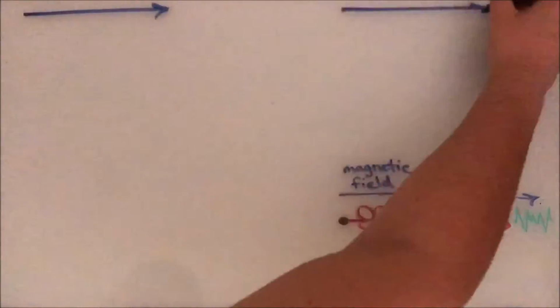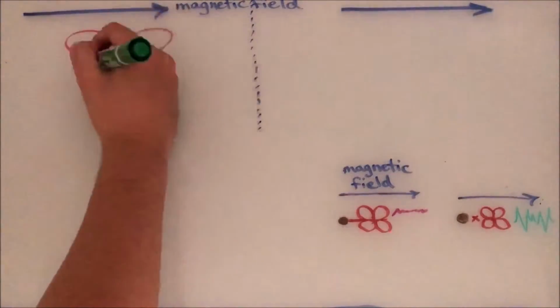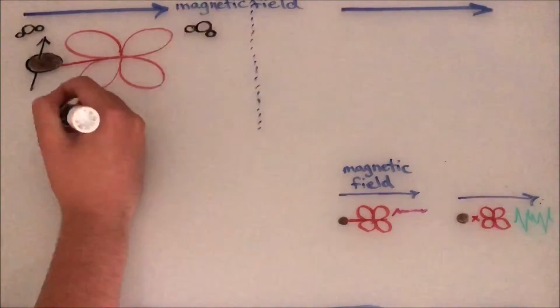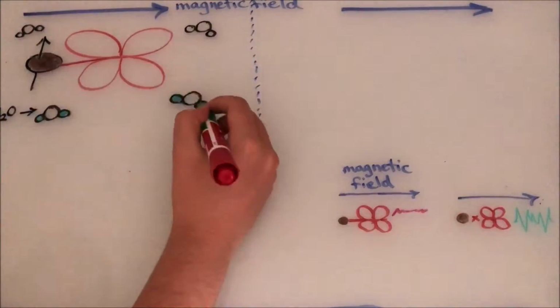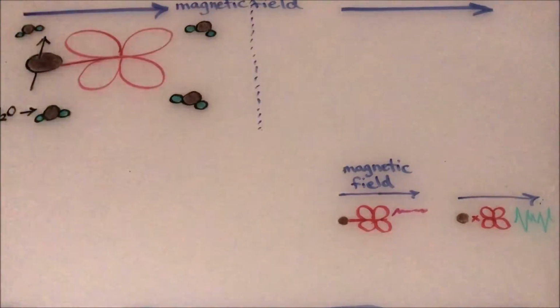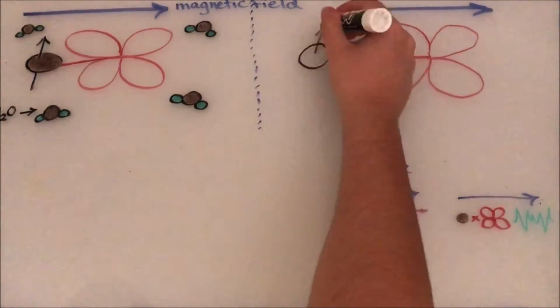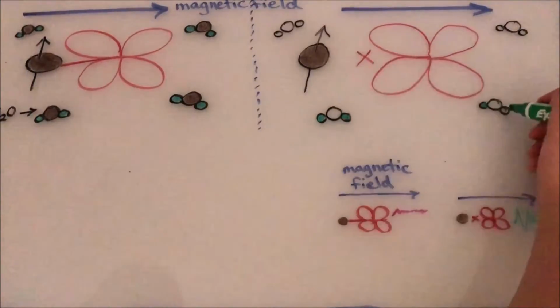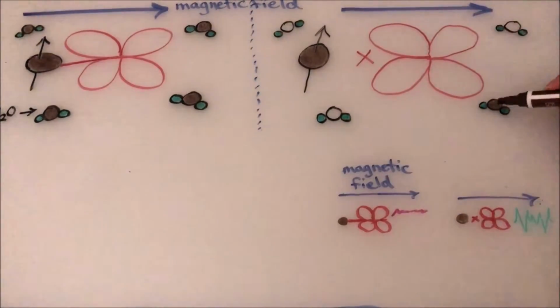Now, fMRI measures how the water molecules react to oxy and deoxyhemoglobin. The next video will cover this in depth, but for now, just know that deoxyhemoglobin gives off its own magnetic field, while oxyhemoglobin doesn't. This makes it so the water molecules around deoxyhemoglobin give off a slower signal than the water molecules around oxyhemoglobin.